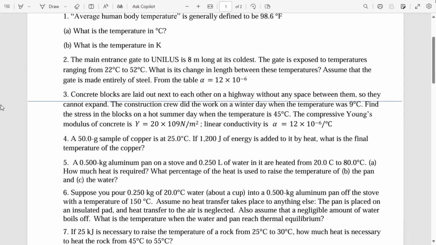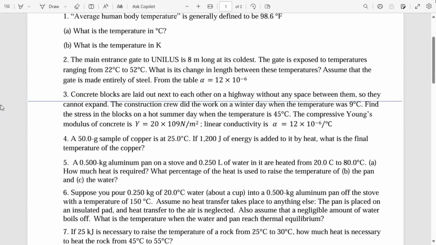They've told us to say if a 0.5 kg aluminium pan on a stove and 0.25 liters of water in it are heated from 20 degrees Celsius to 80 degrees Celsius. So this is the change in temperature. Then they've given us A, how much heat is required, which means how much heat is required to heat the temperature of this guy from 20 degrees Celsius to 80 degrees Celsius.